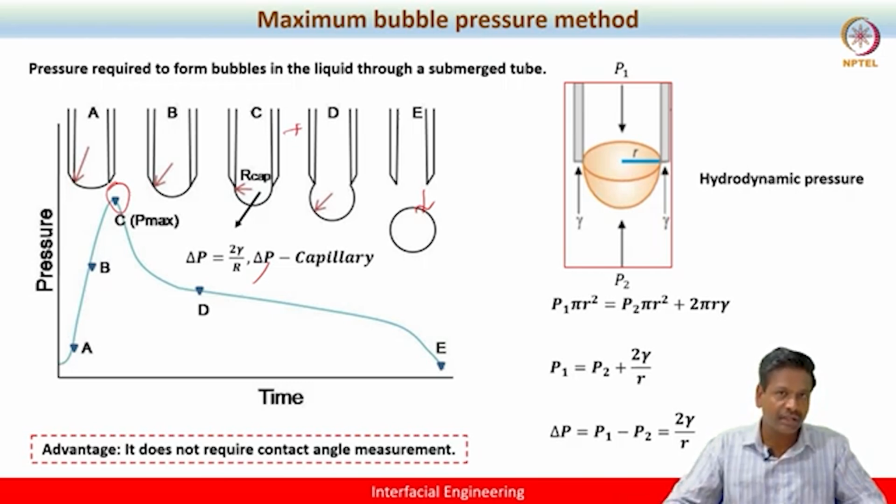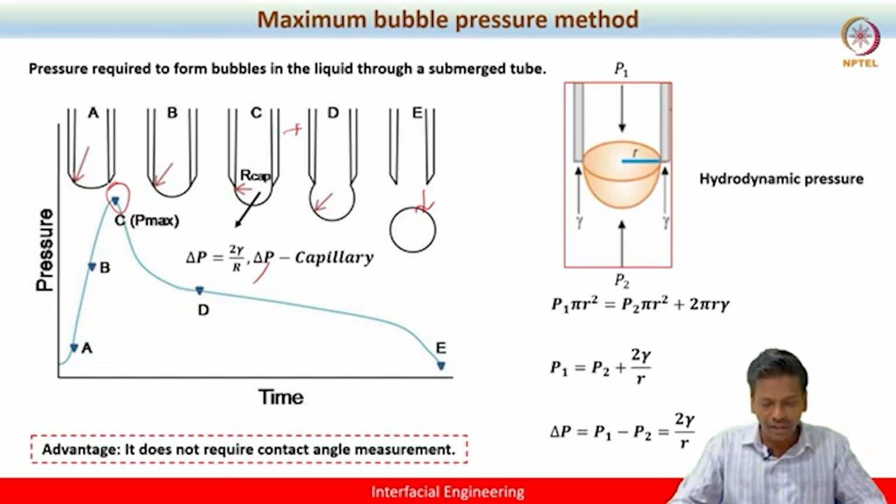There is an affinity between the liquid and the solid surface, which resists the bubble getting detached from the tube. But when the pressure becomes more dominant than the surface tension force, the bubble is easily released from the tube.